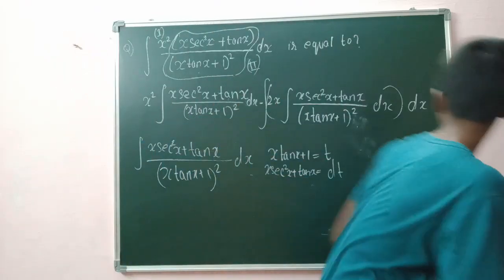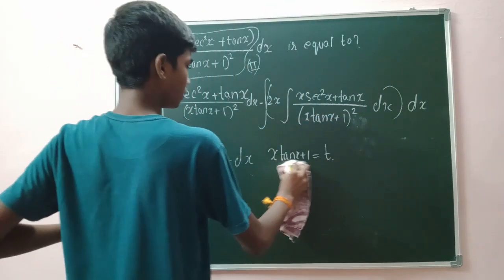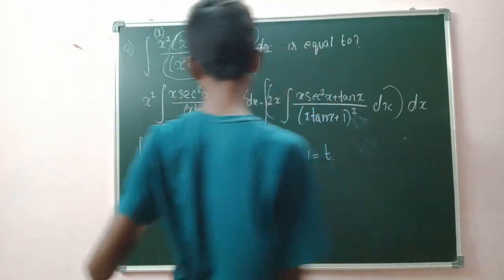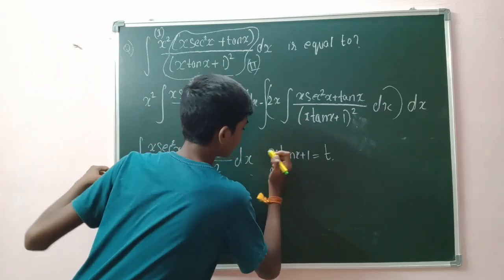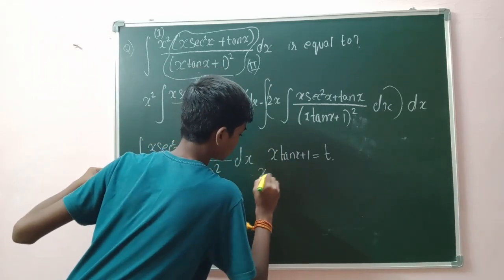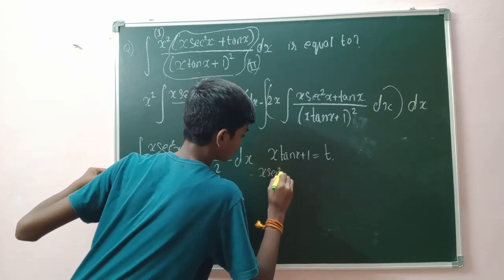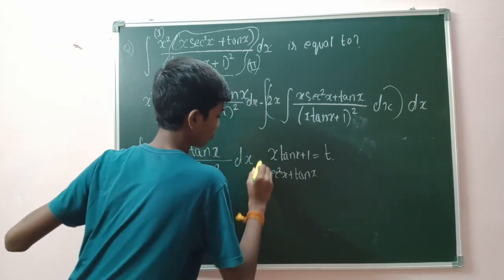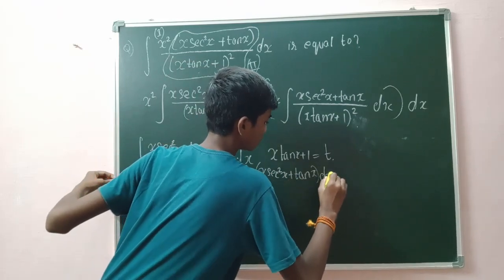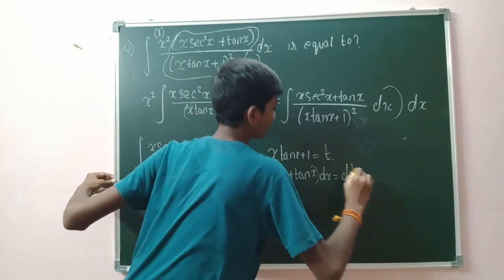Wait, I think I did something wrong. One second. If I take x tan x plus 1 as t, yeah, it's correct only. That times dx will be your dt, correct or not?